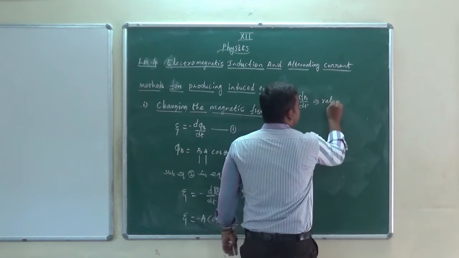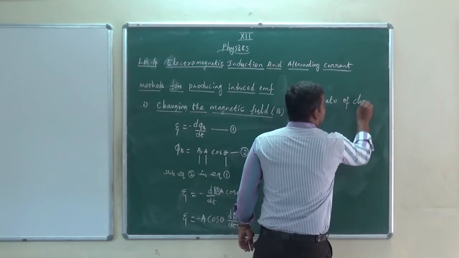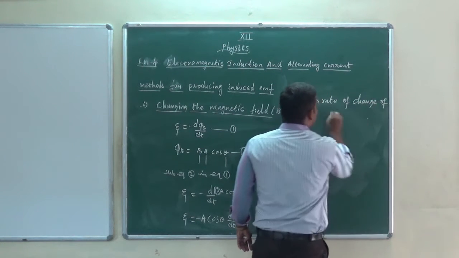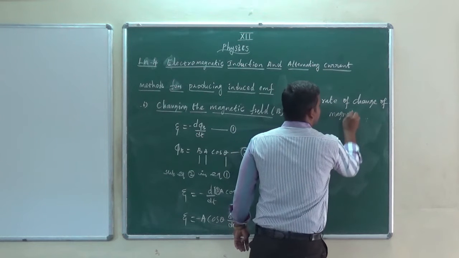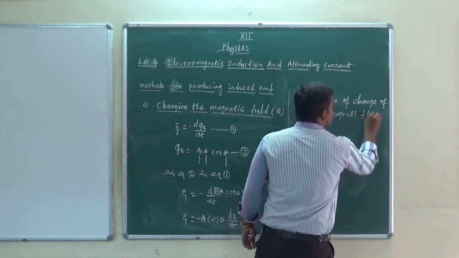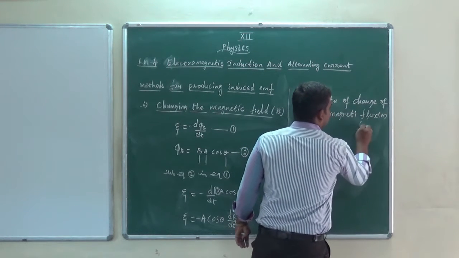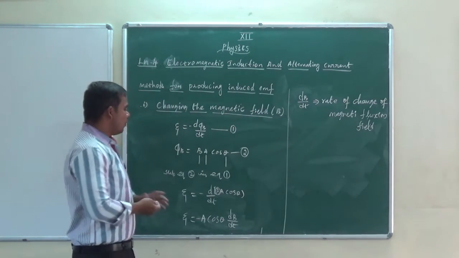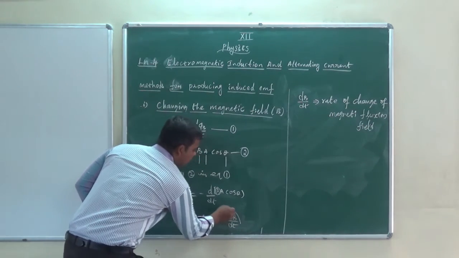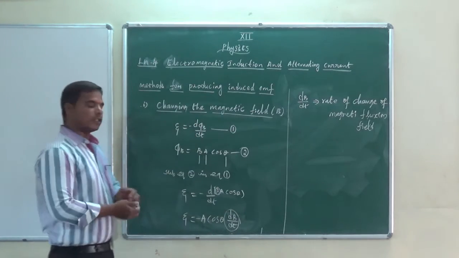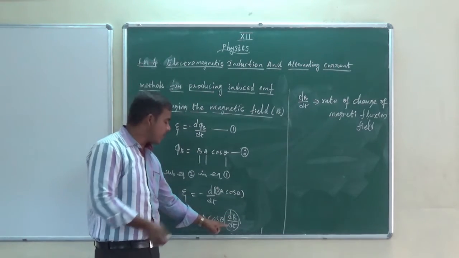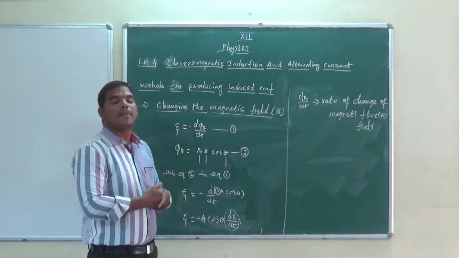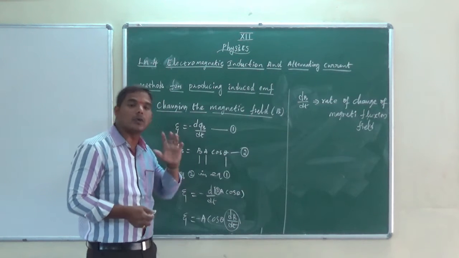Rate of change of magnetic flux or field. So we have to change this. Actually it is the changing factor. dB by dt means rate of change of magnetic field with respect to time.